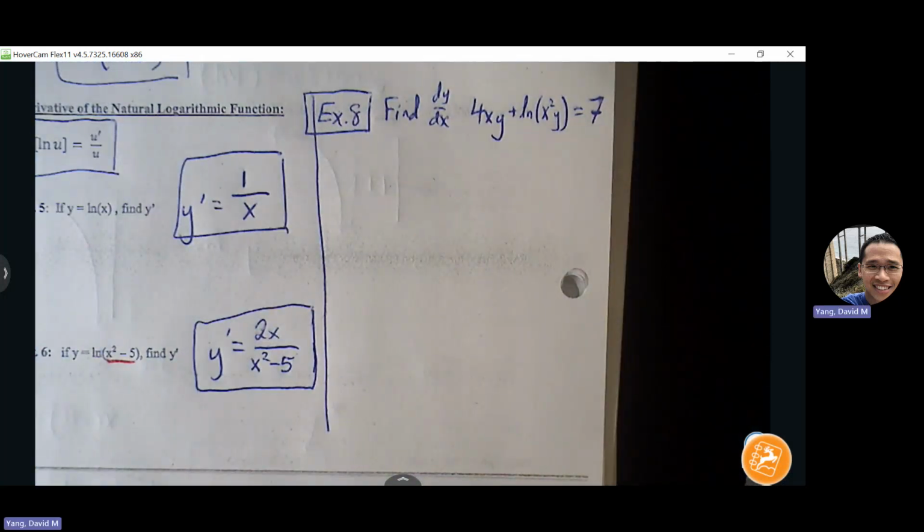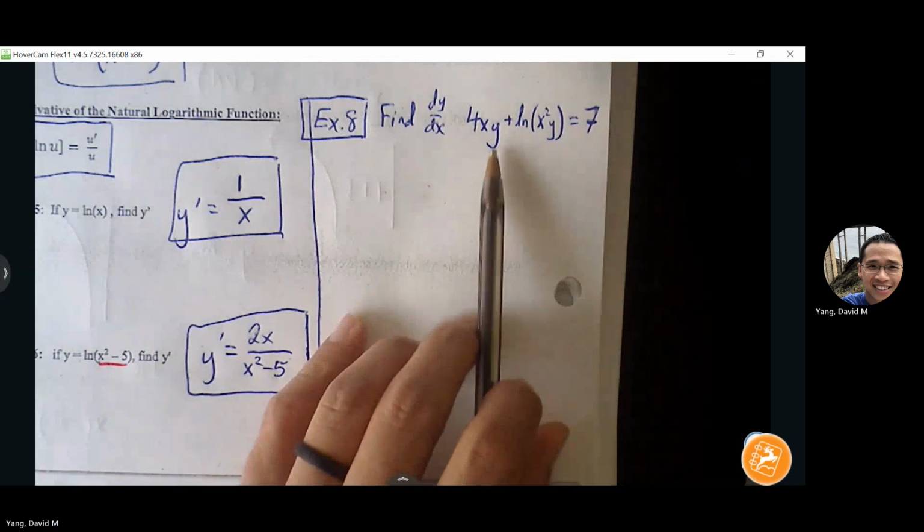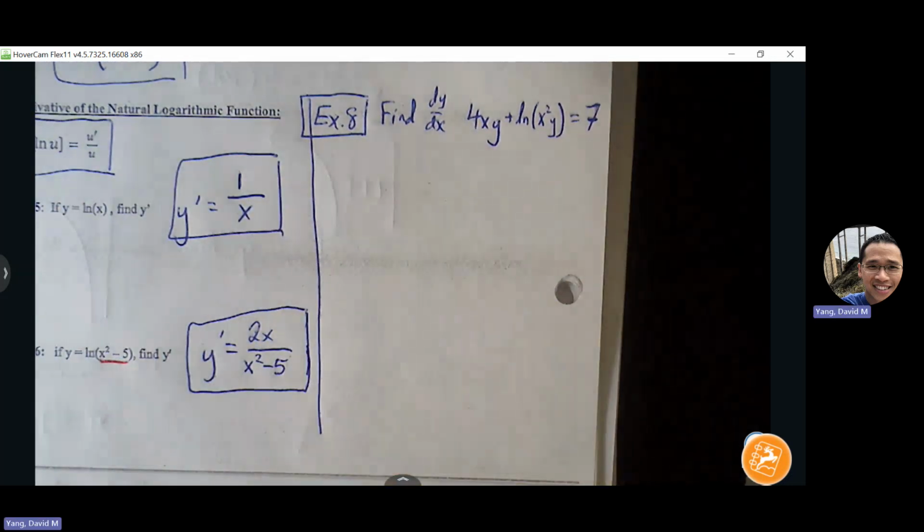Okay, find the derivative for this equation: 4xy plus natural log of x squared y equals 7. We haven't seen this type of problem in a while, but what's involved here based off of how this equation looks?